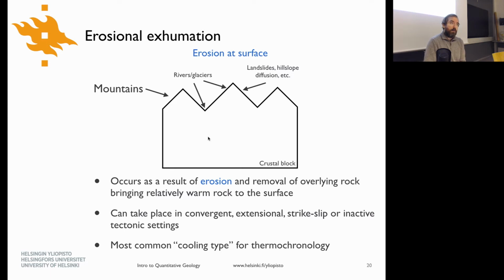There are rivers carving valleys, glaciers flowing down, doing the same kind of thing by a different process, but forming valleys as well. And then there are landslides or hillslope processes, including those that behave like a diffusion process, like rain splash and other things like that. And all of these are basically removing material at the Earth's surface.